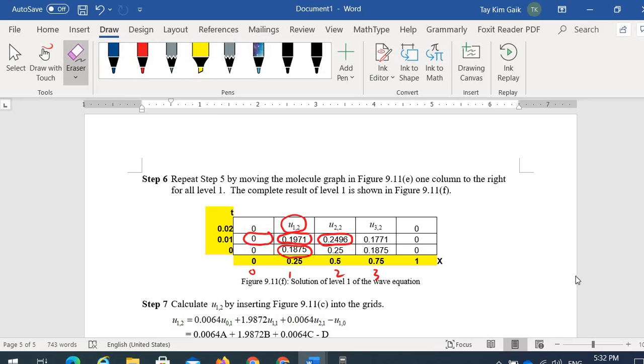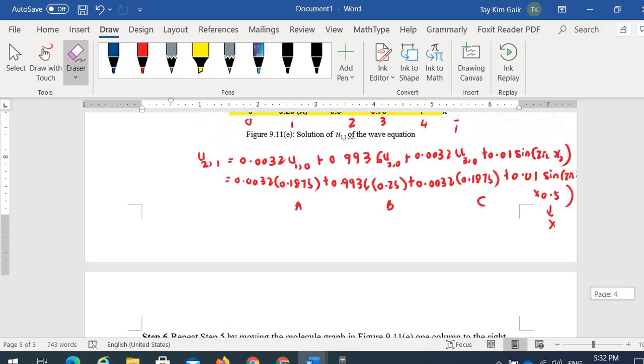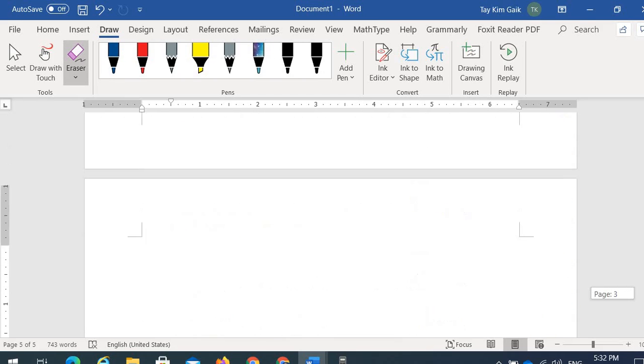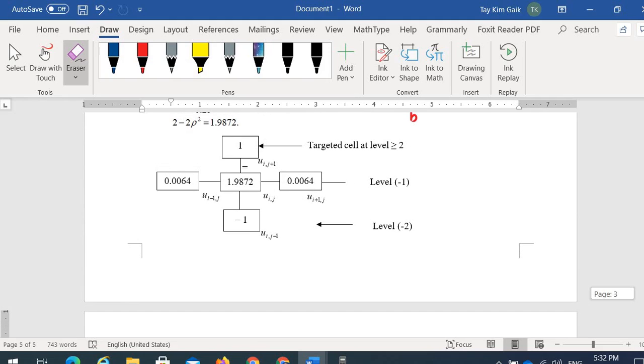Remember just now our 3-level molecule? We're using the shortcut. So for U12, you want to apply this molecule here, so I'm going to key in this formula. This is A, this is B, this is C, this is D.